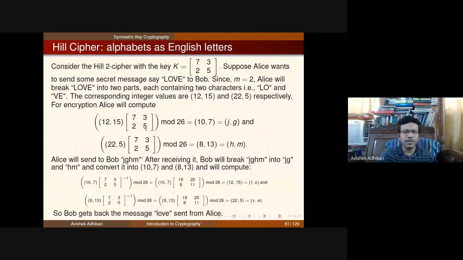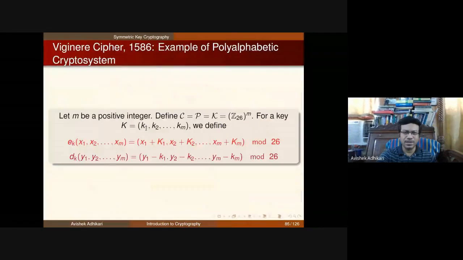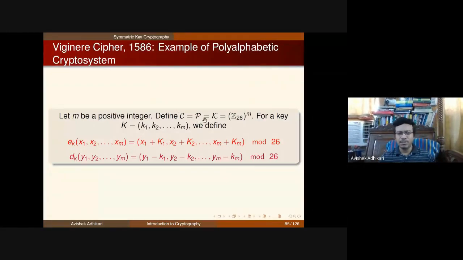No, I have never used the whole natural number set or any infinite set. As I mentioned in my previous class, for computer science you could have taken, instead of Z26, the set Z of all integers. In that case it would be infinite.